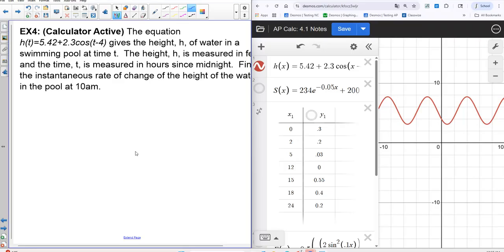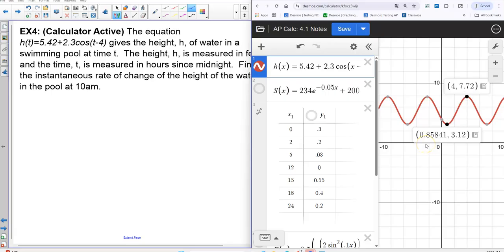I should have made this a little bit better problem because this is fluctuating in a wild manner. Our swimming pool has gone from 0.85 feet deep to 4 feet deep in like 4 hours. So it's like empty, then you're filling it up, then you're draining it back again.